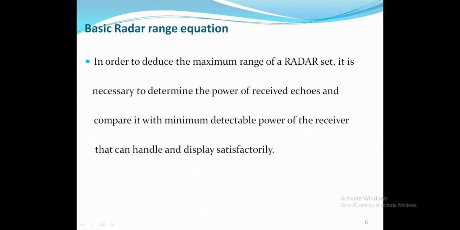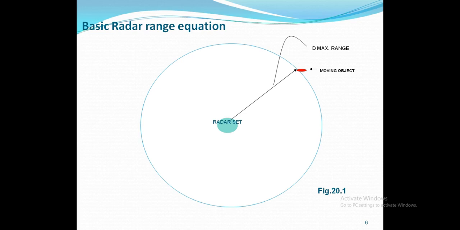So first of all, we have to determine the power of the received echoes. For that, we first consider the power density of the isotropic antenna, that is, omnidirectional.